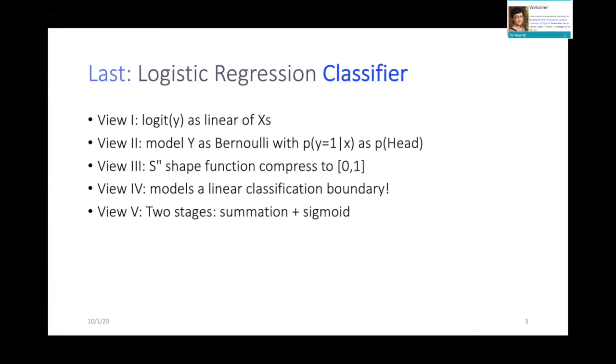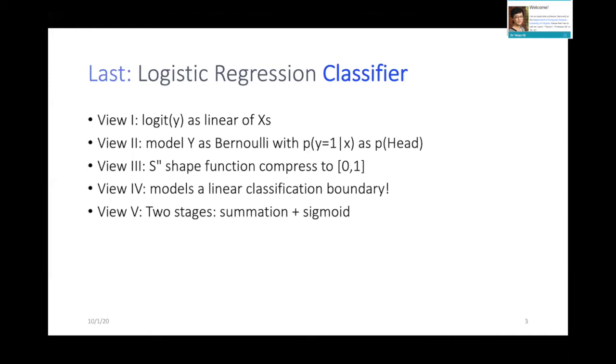The third view is that logistic regression is a kind of S-shaped compression function on top of a linear regression, and this view is very important to introduce deep learning. The fourth view is that logistic regression essentially models a linear classification boundary.